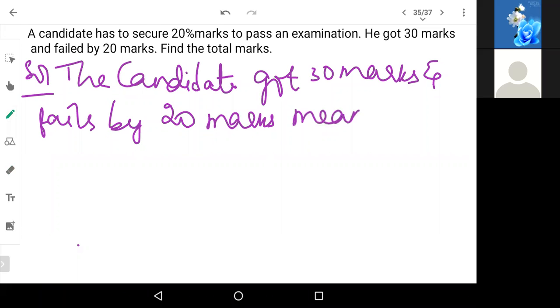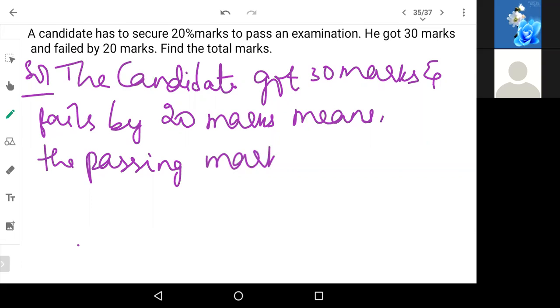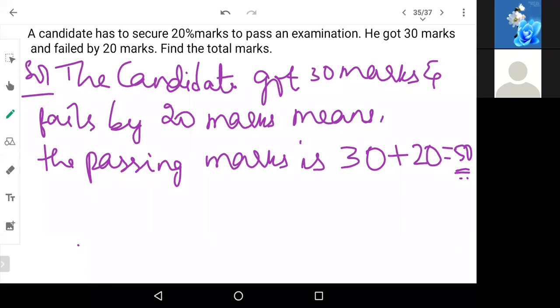What does it mean? The passing marks is, he has got 30 but he has failed by 20. So, which means if he had got 30 plus 20 is equal to 50, this would be the passing mark. Right? He has got 30 but he's short by 20 marks for passing. So, which means 50 is the passing mark. Okay.